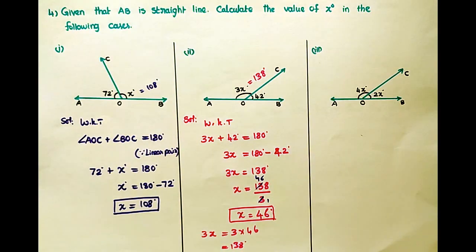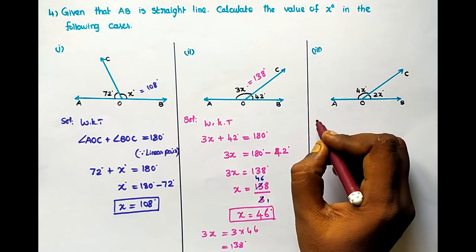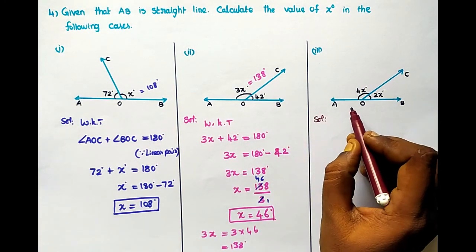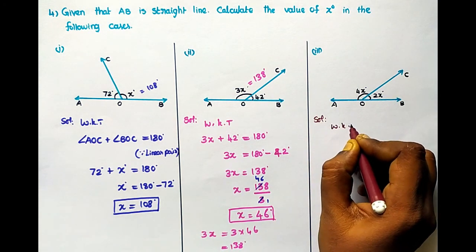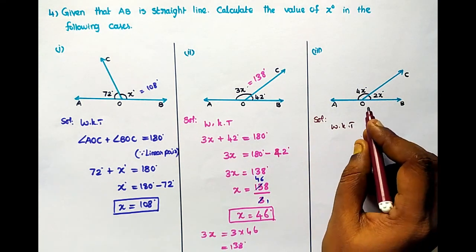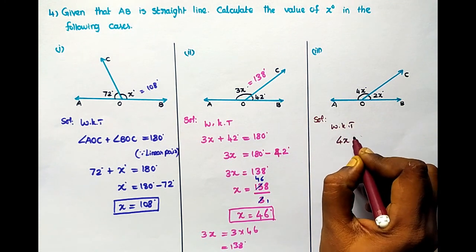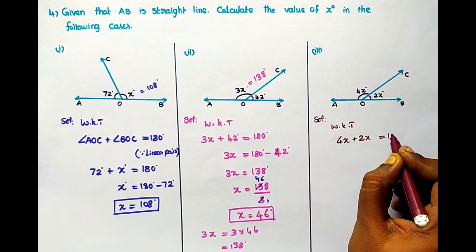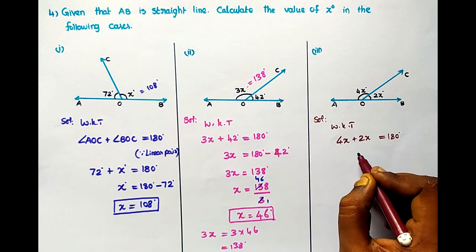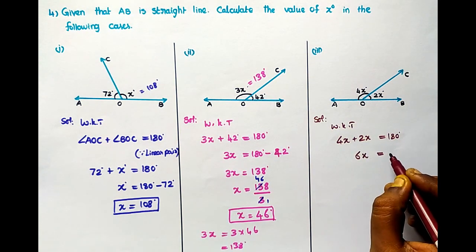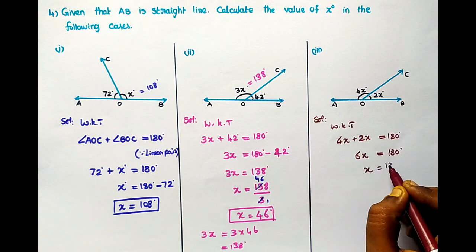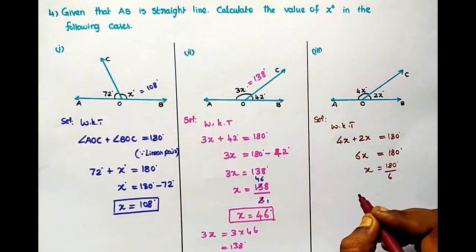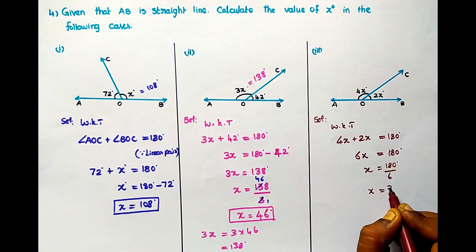Next, 4x plus 2x equals 180 degrees, as these are also a linear pair. Adding, 4x plus 2x is 6x. So 6x equals 180 degrees. x equals 180 divided by 6, that is 30.